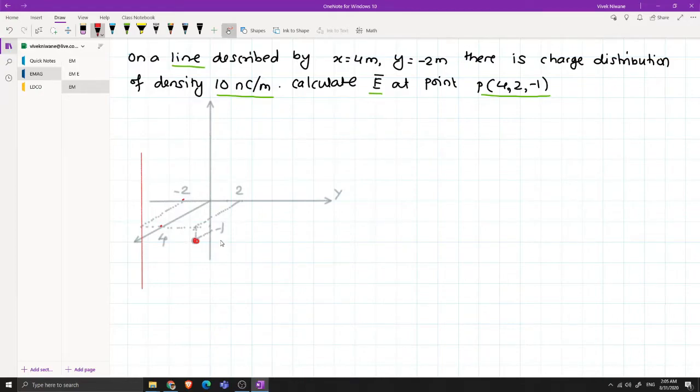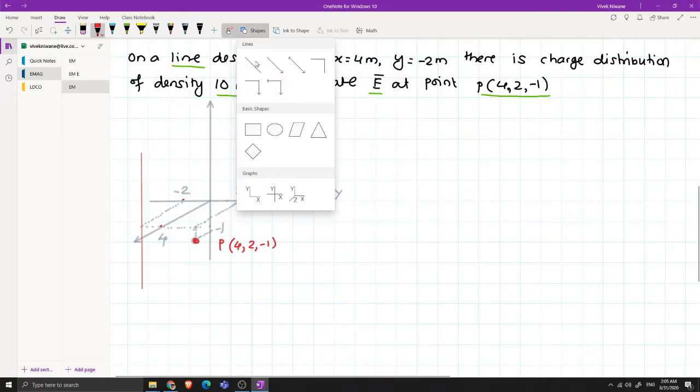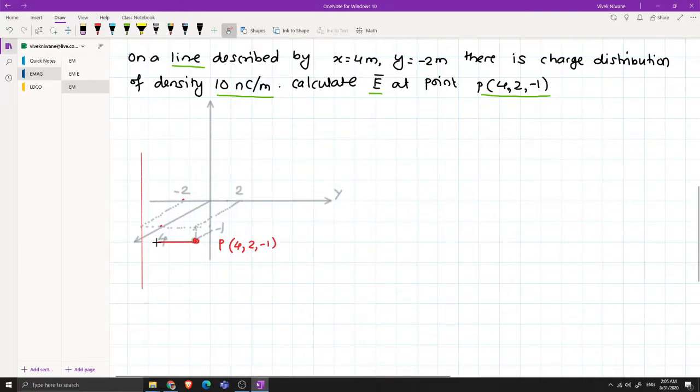Okay, point P is at 4, 2, minus 1. यहाँ से लेके क्या करना है? Perpendicular draw करना है on line. Okay, ये है आपकी line. So I can say that okay, this line is going to be indicated as rho L. Okay. This is a perpendicular.